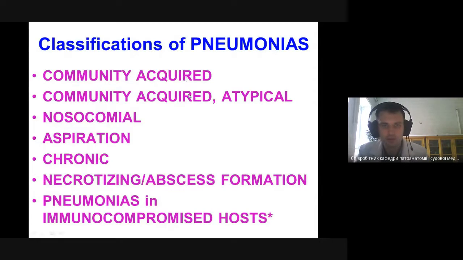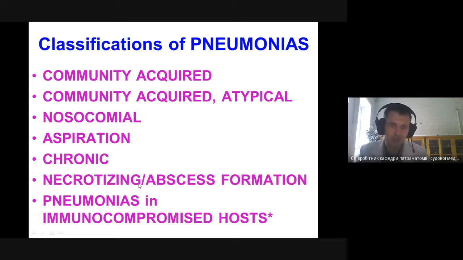Community acquired, atypical, especially viral causative agents, nosocomial in hospitals, aspiration in alcoholic people, chronic. They are not common, but sometimes fungi and some bacteria can cause a chronic course of pneumonia.